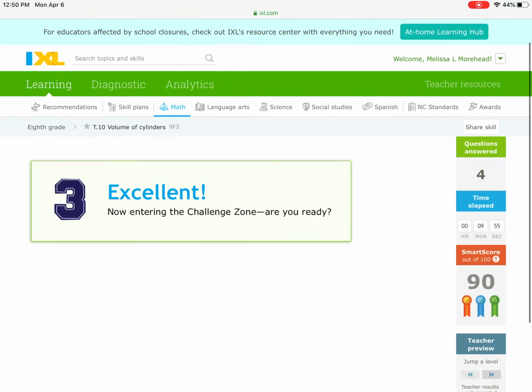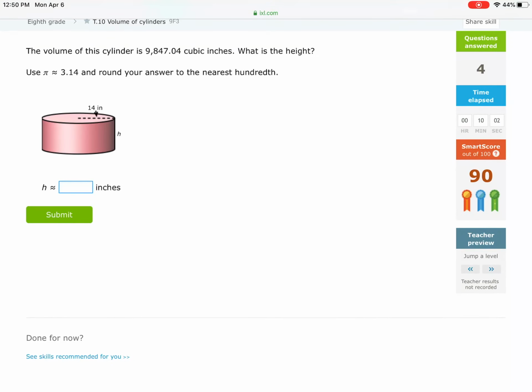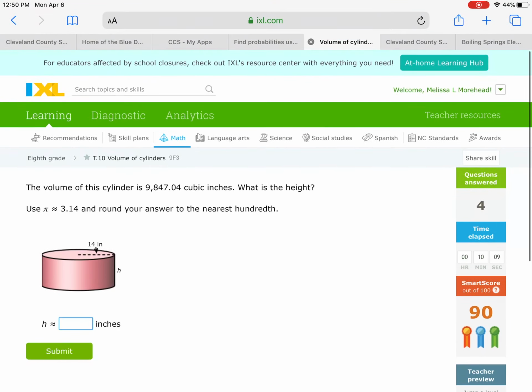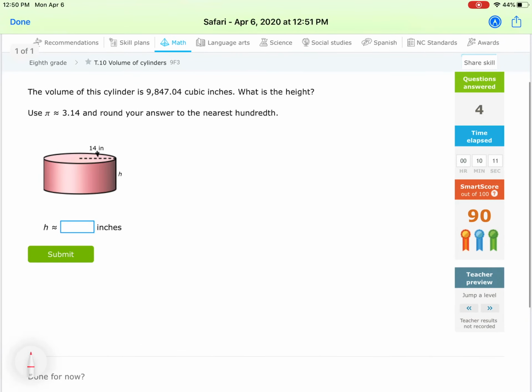All right, I'm going to jump to the challenge level. We're going to do one more. All right, this time we have to find out what the height is. So you're going to take your numbers. We're still using our same formula. This never changes.